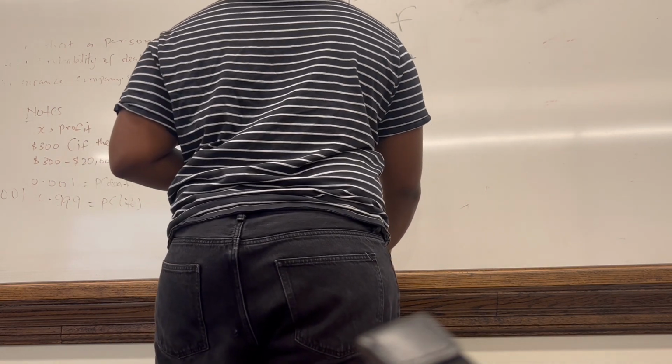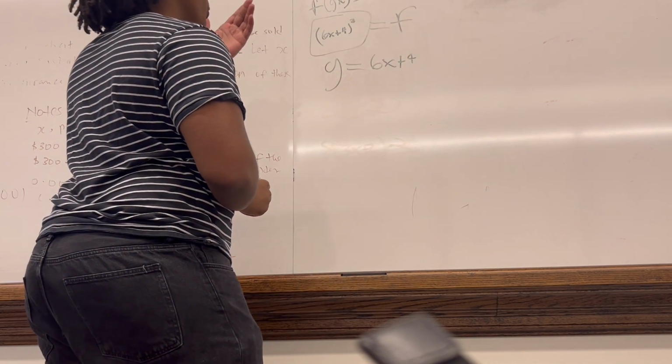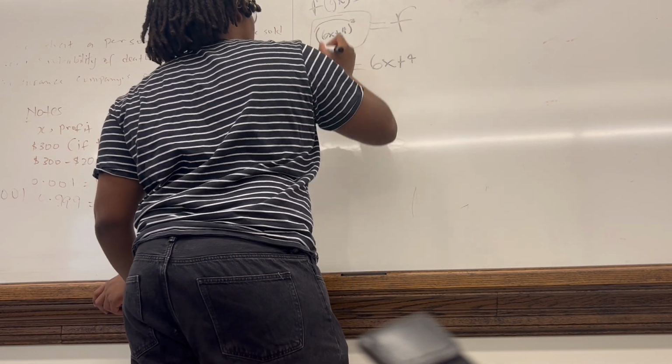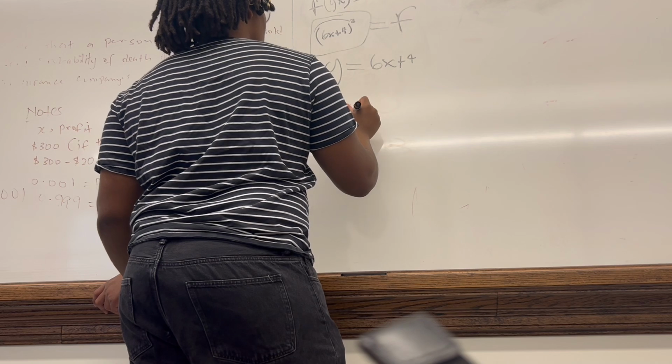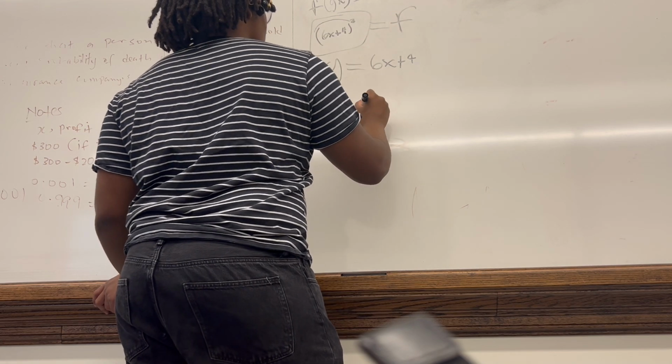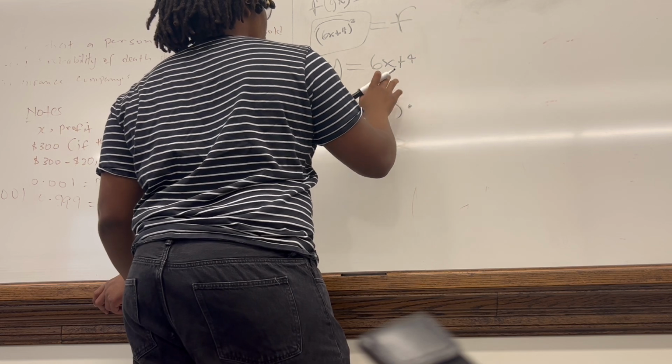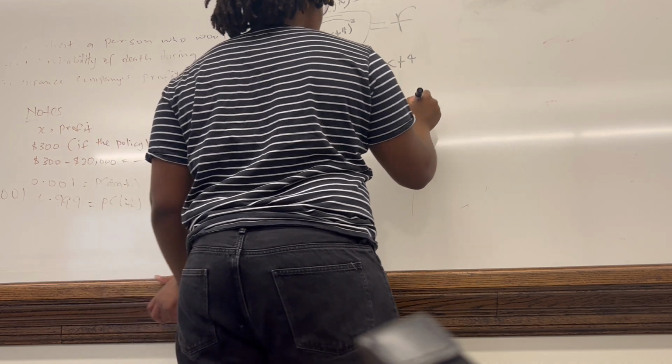Now, how would you find the derivative? You move 3 to the front, keep 6x plus 4 the same, and then multiply that by the derivative of 6x plus 4, which would just be 6.